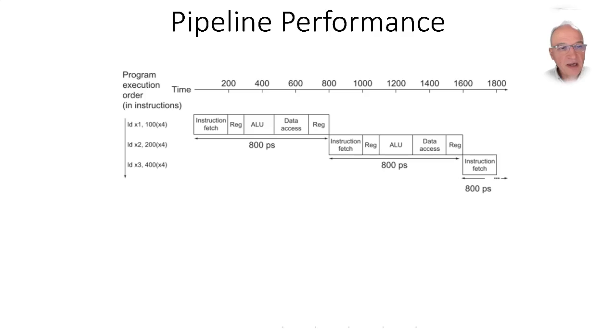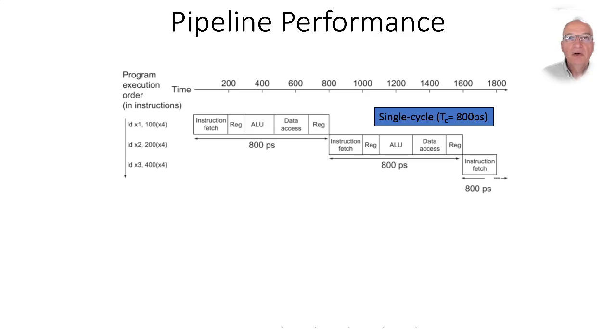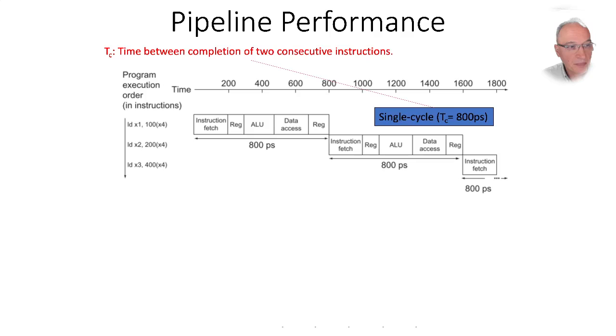So now let's look at the performance of this pipeline. Without pipelining, I'm going to have to wait 800 picoseconds for each instruction. If I do my design of my processor, where every instruction has to complete in a single cycle, the single cycle design here will be a clock cycle of 800 picoseconds.